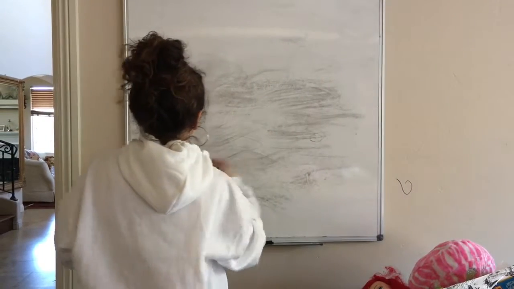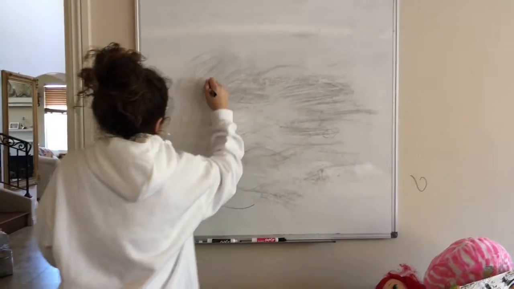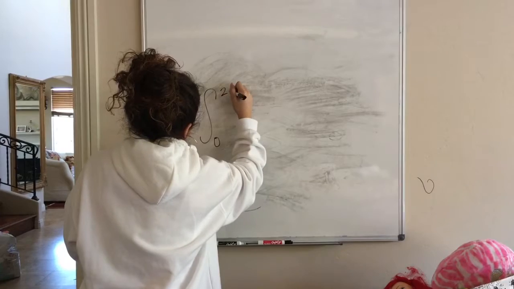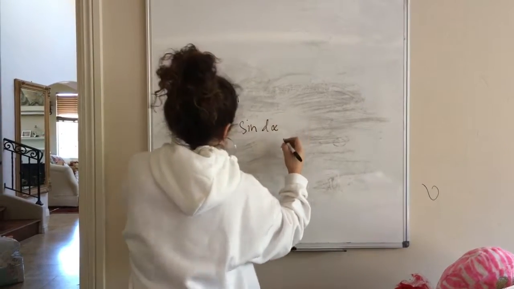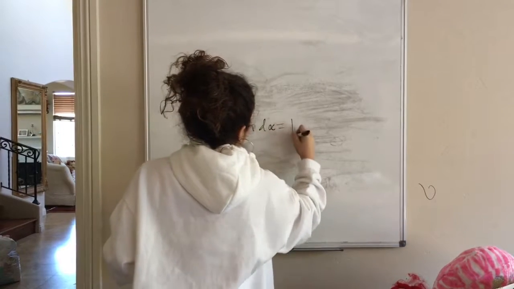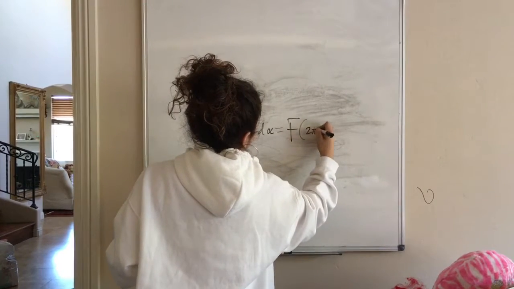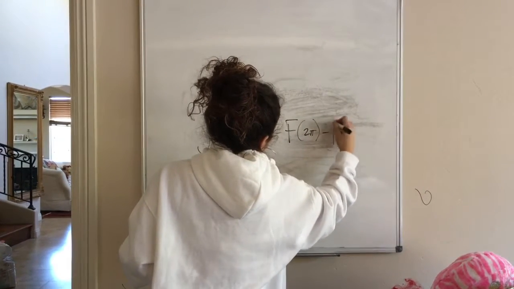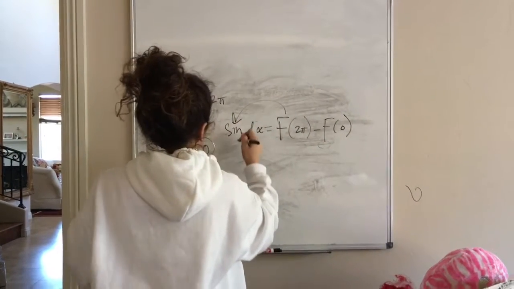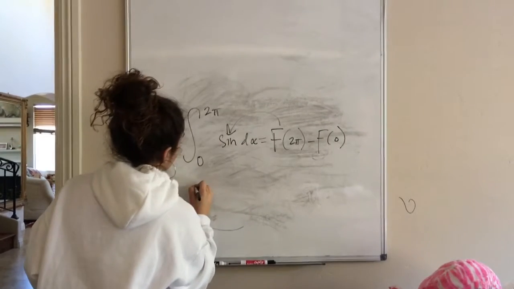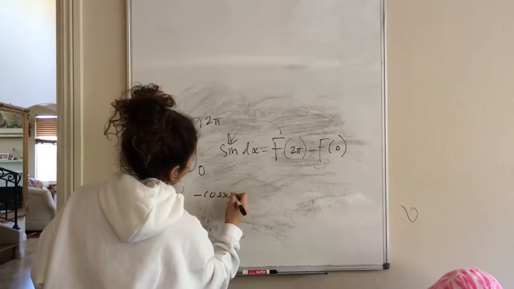Okay, let's write it again. Okay, and then this is big F of 2 pi minus big F of 0, and big F is just the integral of this. And the integral of this is negative cosine x.